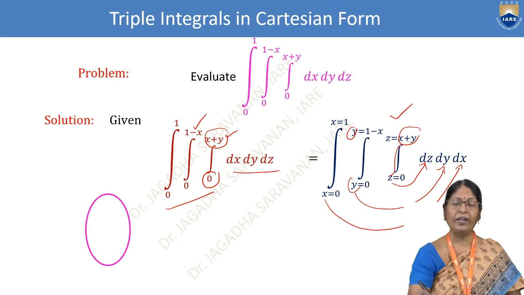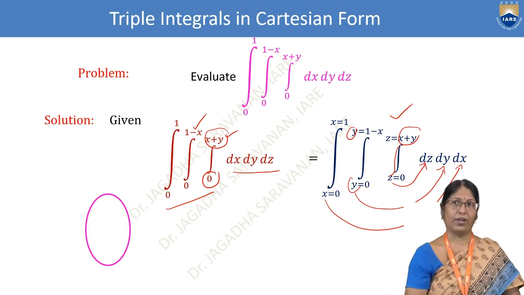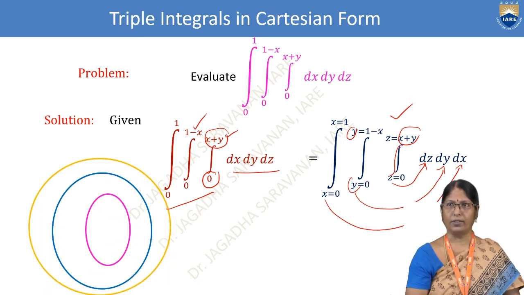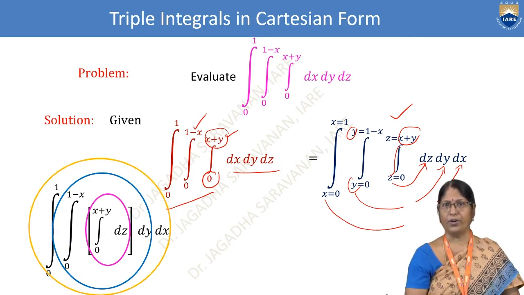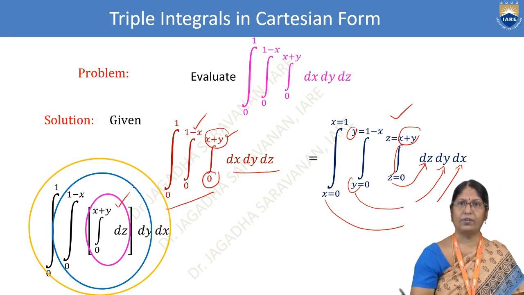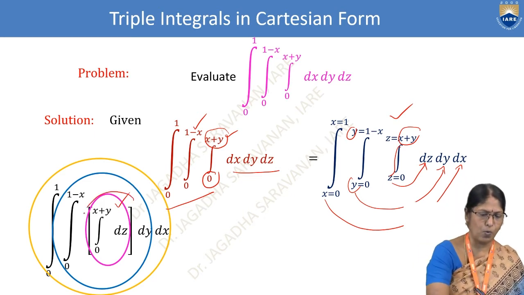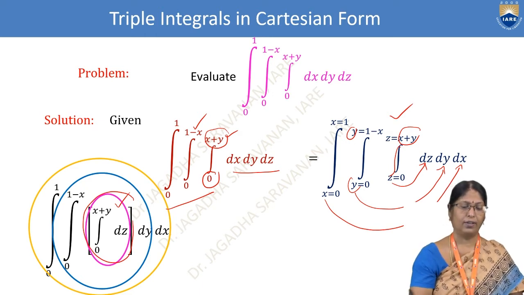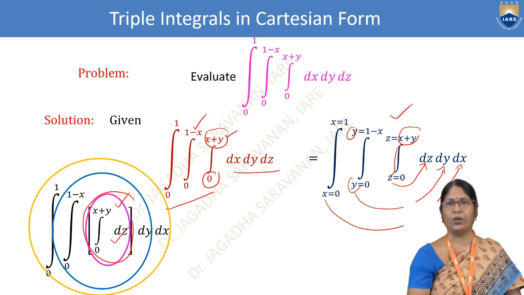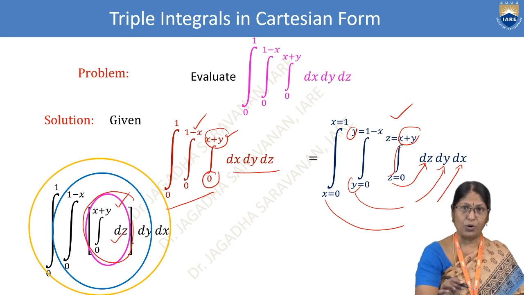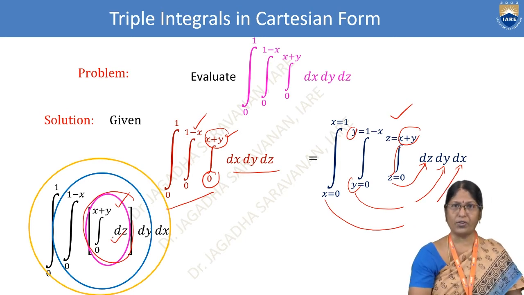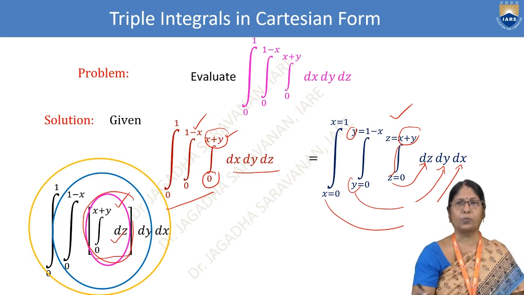Now, how to integrate it, to increase our understanding level more? So the three circles are there. In these three circles, we are going to fit our question. Now, the innermost integration we are going to do first, that is with respect to z. The result we get after this integration will be substituted in this particular place.